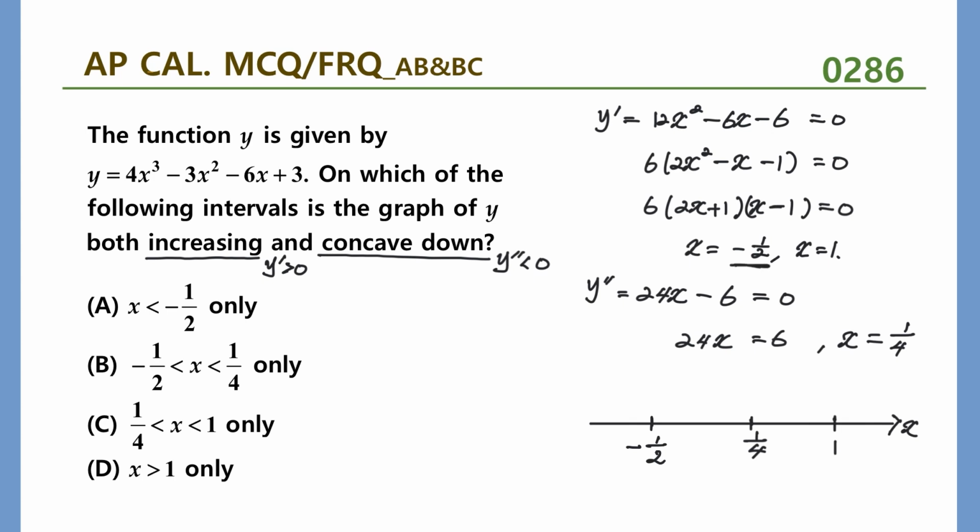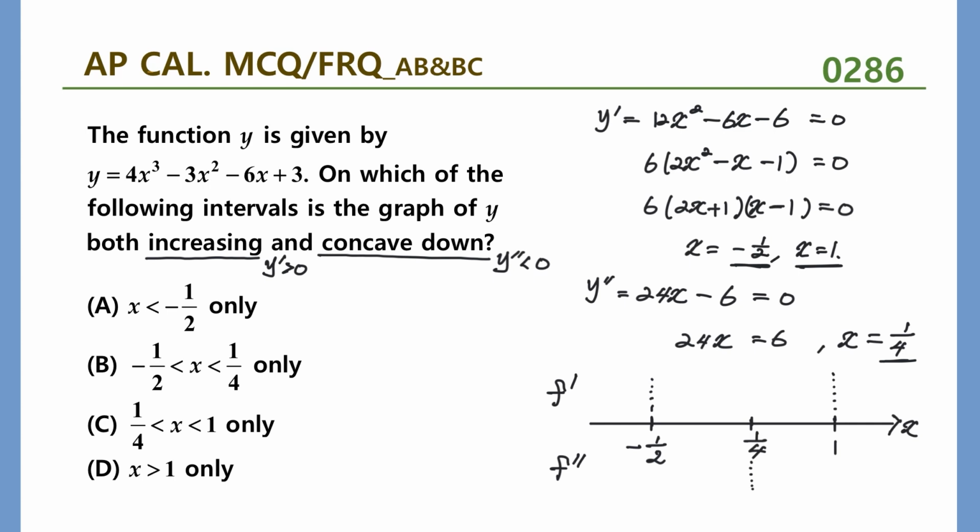At these two critical points, we're going to test y prime, right? So first the derivative test here. At x equal to 1/4, we're going to do the concavity test, so the second derivative here. So far so good.